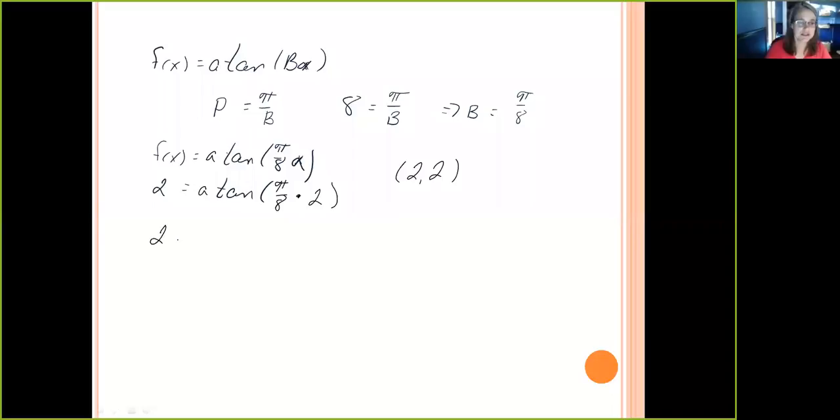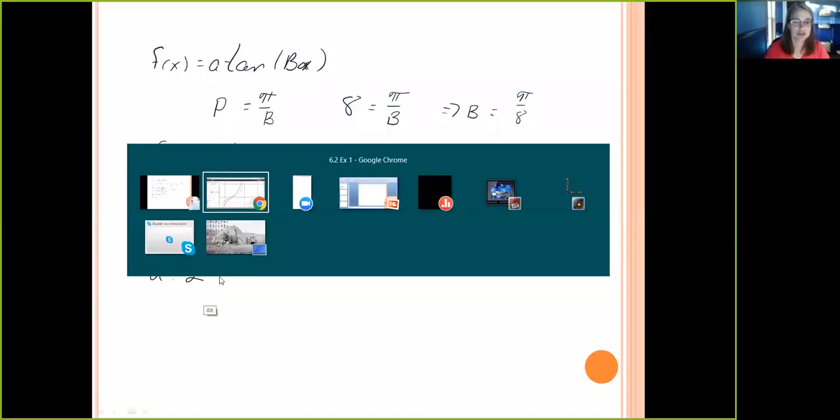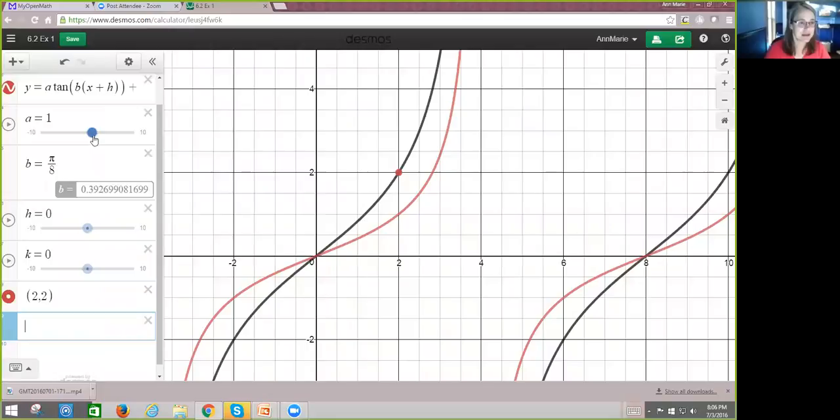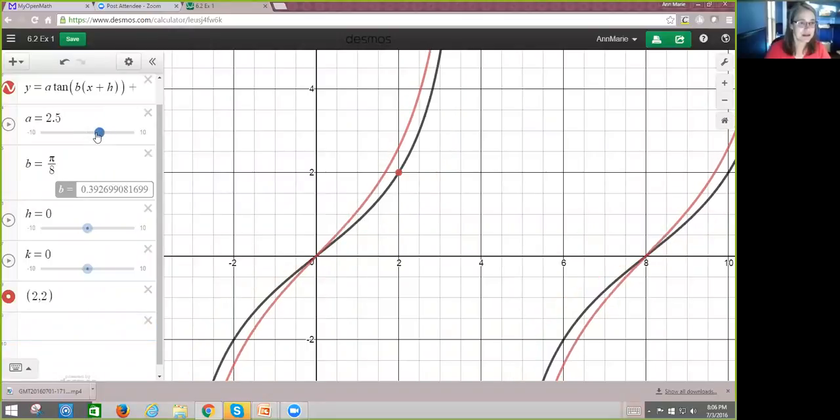Which means that 2 is equal to a times the tangent of pi over 4. Tangent of pi over 4 is 1, which means that a equals 2. So let's check that. Let's make my multiplier here, a, 2. Hey, there we go.